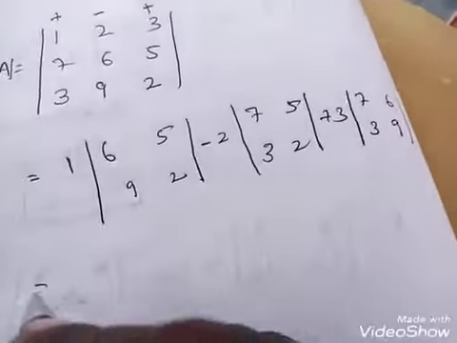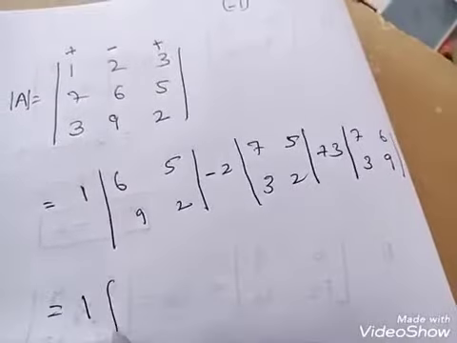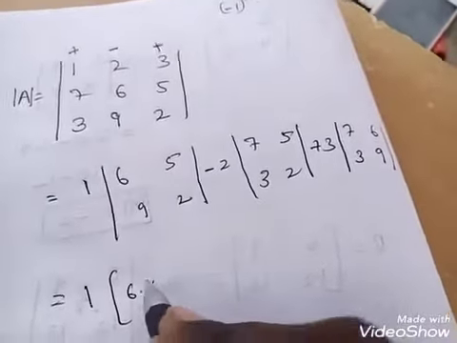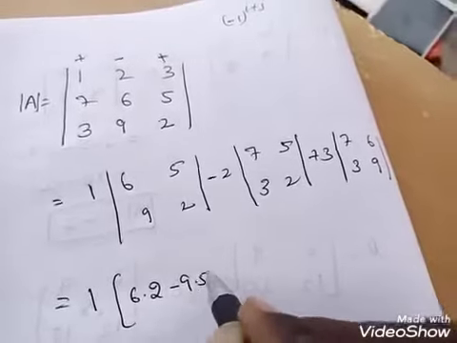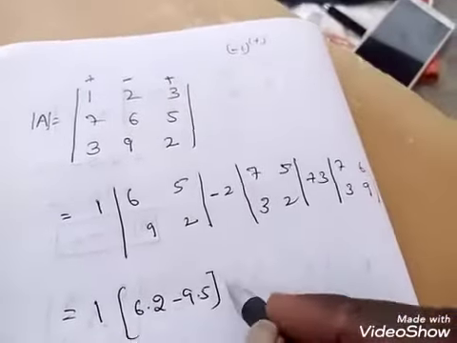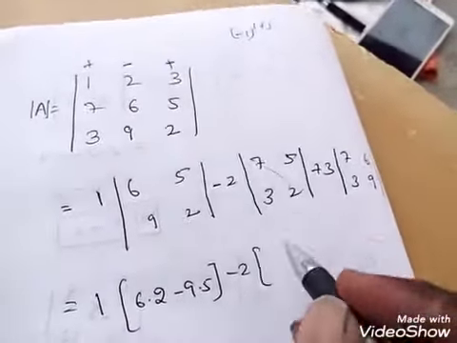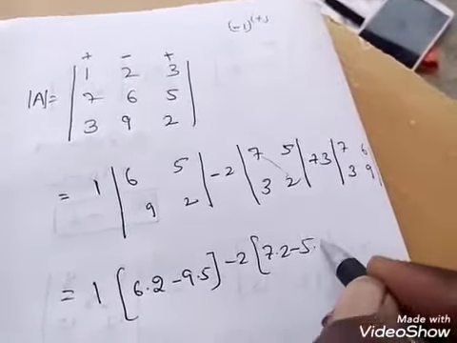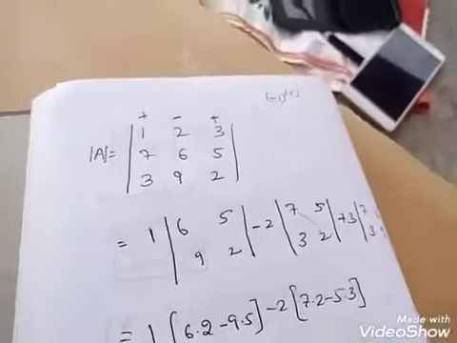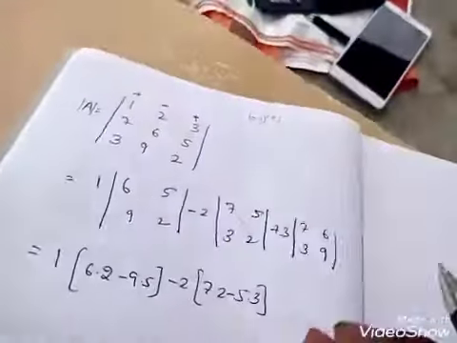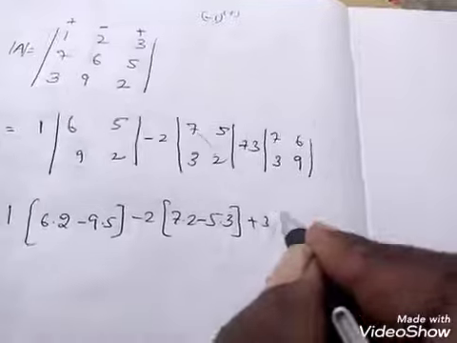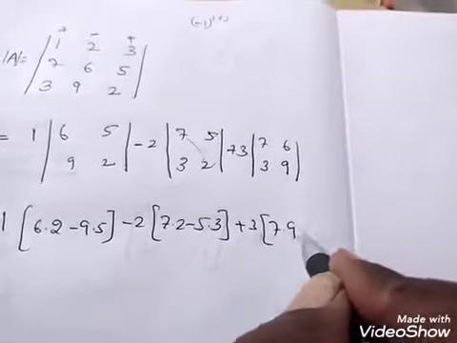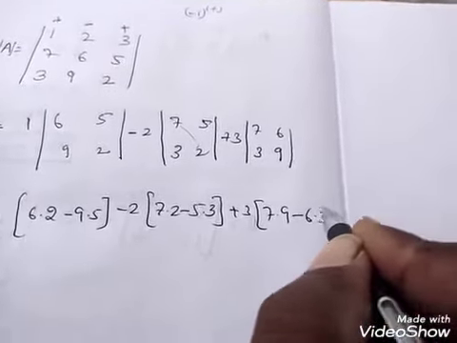Now expand this: 1 into (6 into 2 minus 9 into 5), minus 2 into (7 into 2 minus 5 into 3), plus 3 into (7 into 9 minus 6 into 3).